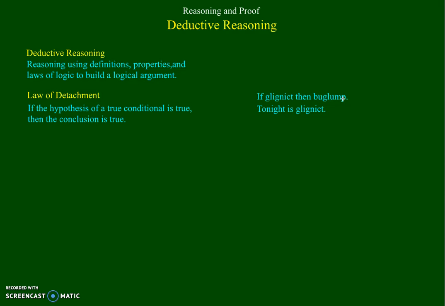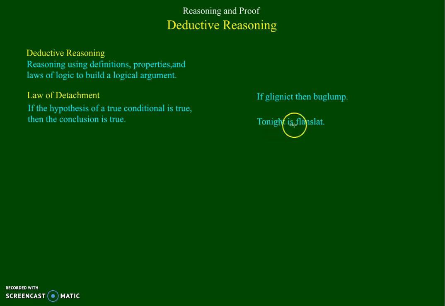Now let's look at a case where it doesn't apply. This fact says, tonight is Flanslat. Well, clearly, this is not referring to this piece or this piece. This is not telling us that this is true. If this fact does not tell us that the hypothesis is true, then according to the law of detachment, we cannot conclude anything.